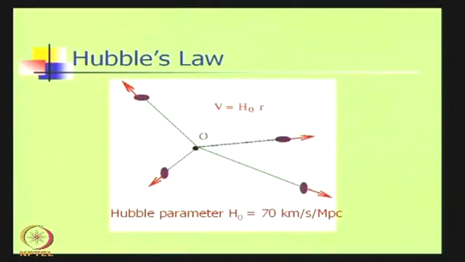okay. And this picture illustrates what Hubble's law implies. So, Hubble's discovery implies that all the galaxies, so if these are the different galaxies, and I am the observer sitting here, we are seeing that the galaxies are all moving away from us with a speed that is proportional to the distance.